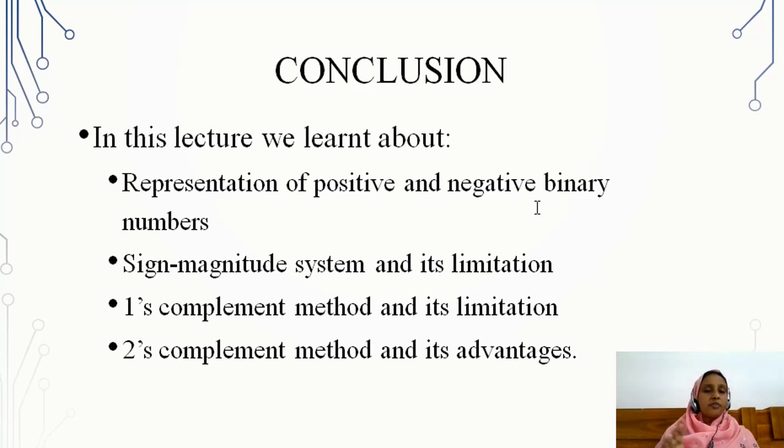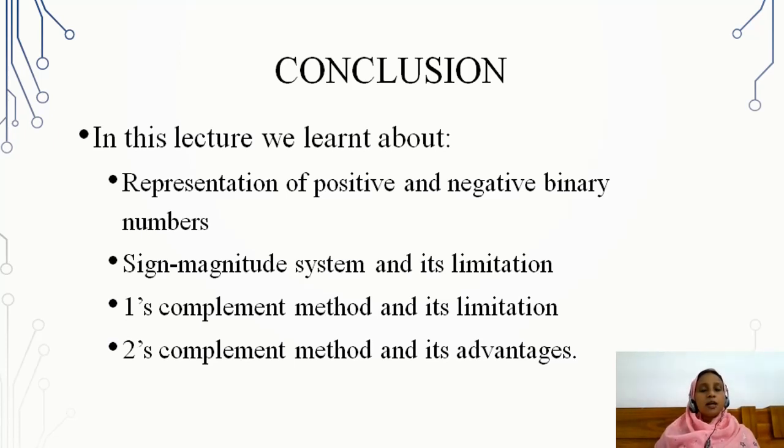Okay, so now we can conclude our lecture, because we learned in this lecture that we can represent positive and negative numbers in binary using three methods. The first is the sign magnitude system. The second is the ones complement system. The third is the two's complement system. If you learned all these properly, you can do the problems and assignments after these portions.